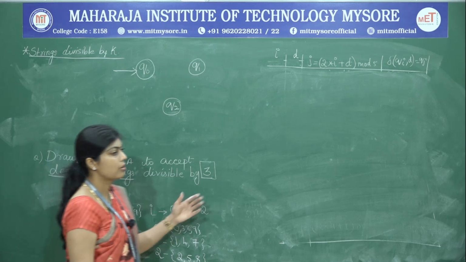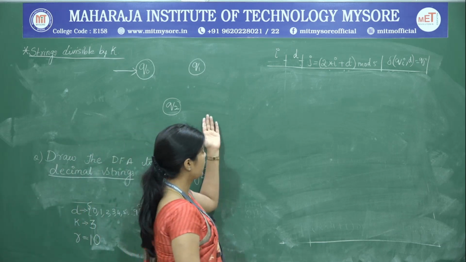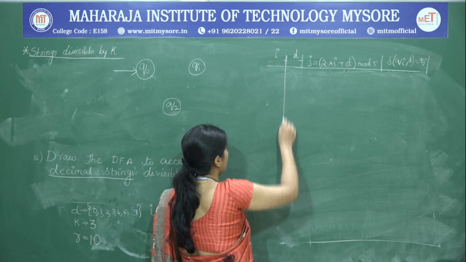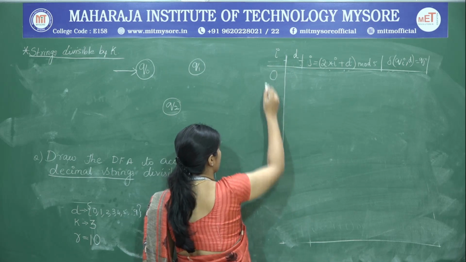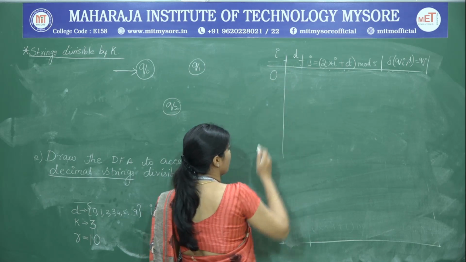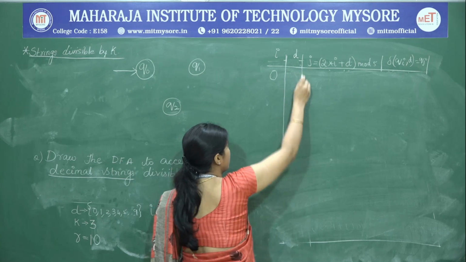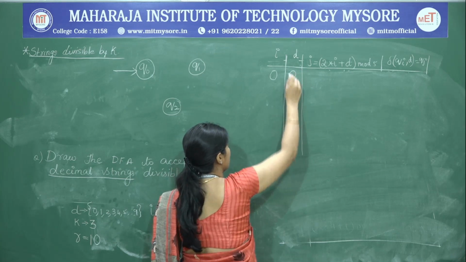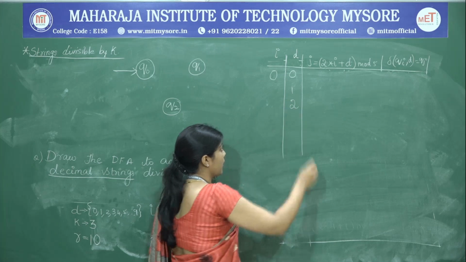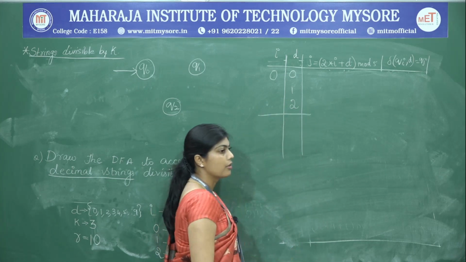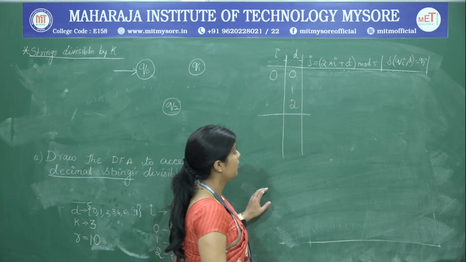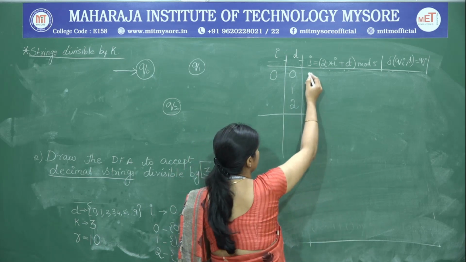Now we are going to frame the different transitions for the 3 states. First of all, we have the value of i, which is going to be 0, 1 and 2. D is 0, 1 and 2, because we are finding the transitions only for the 3 different classes and not individually. So we have to find the value of j.